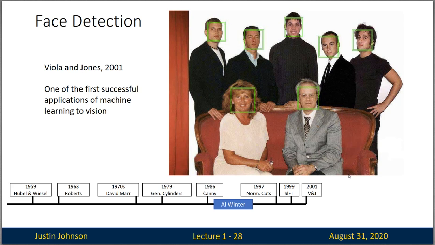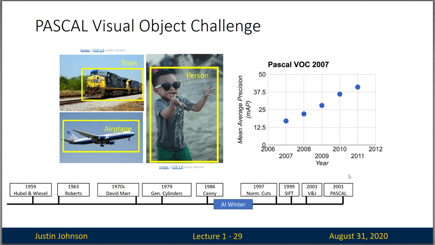Then a bit later, the first commercially successful application of face detection also emerged, and soon after that data sets were released for visual object recognition.